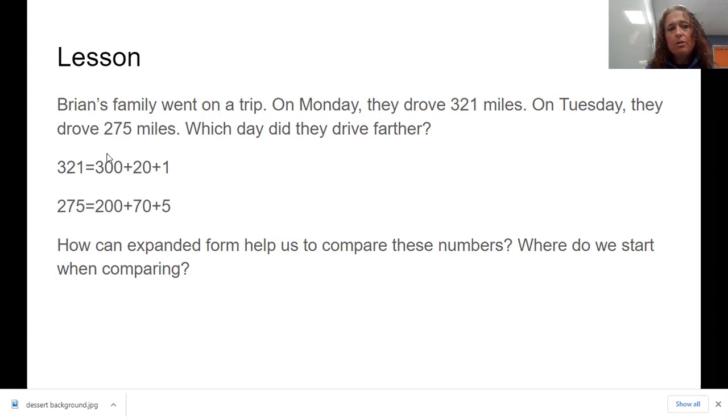So if these two numbers had been the same, we would have had to go to the tens place to see which one had a higher number in the tens place. Again, remember, the 3 in this number means 300, okay? So we immediately know that this number is bigger than this number because 300 is larger than 200.